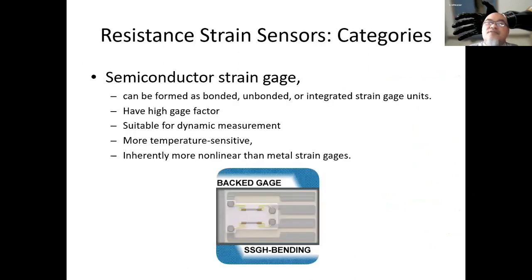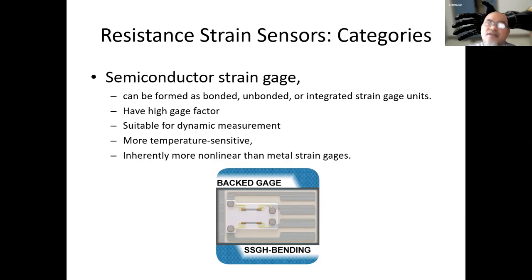In the case of a semiconductor strain gauge, it has a very high gauge factor, as you could also see from the quiz problem yesterday, number 2. There is a category of P-type or N-type semiconductor. You look again, the gauge factor is very high.